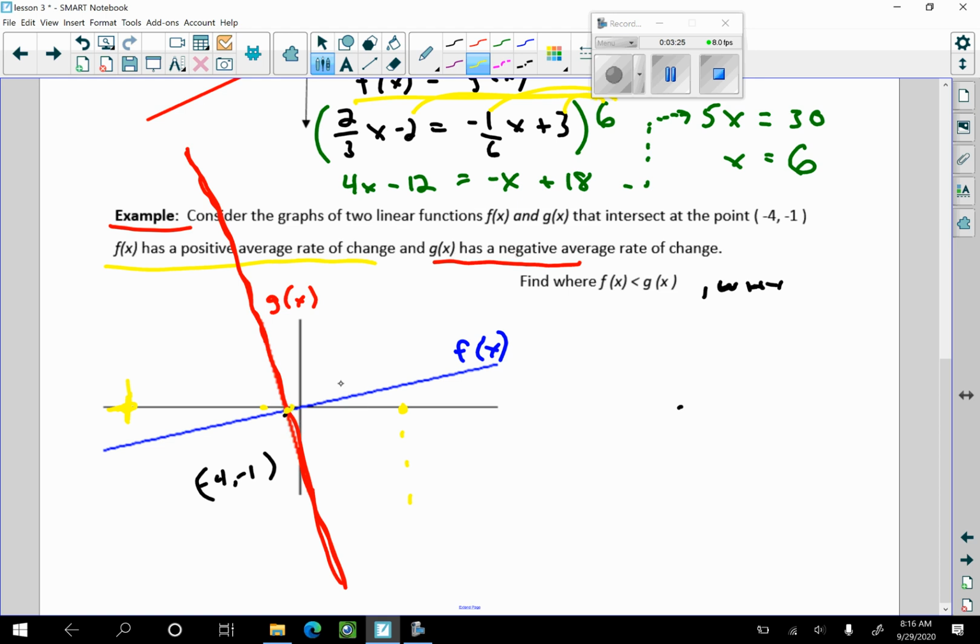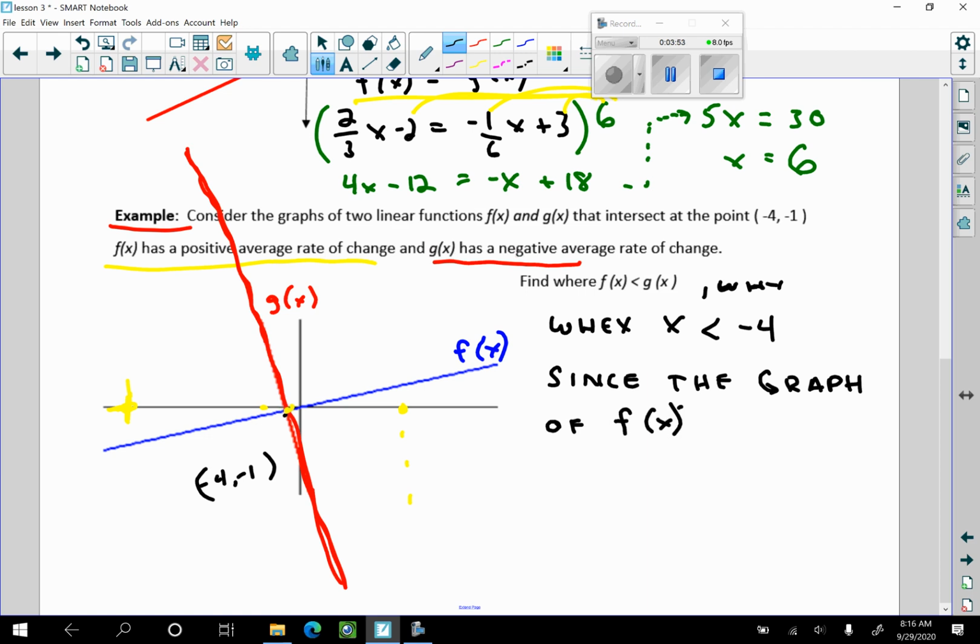So the answer to our problem is f of x is less than g of x when x is less than -4. Why? Since the graph of f of x is below the graph of g of x there.